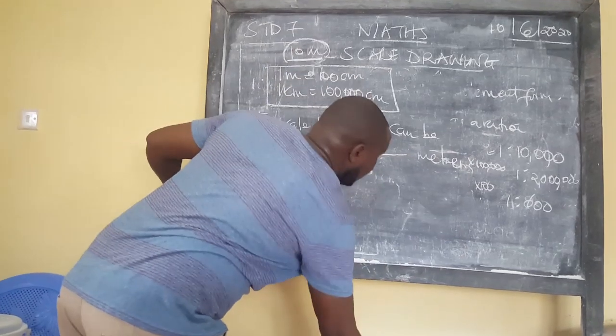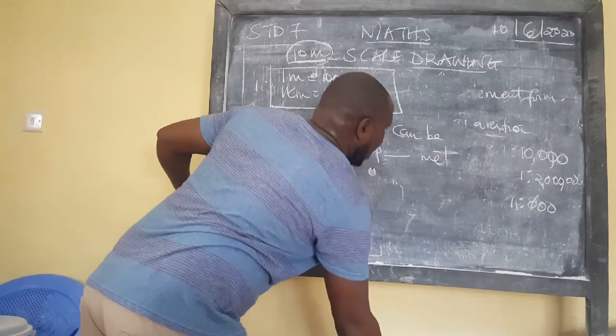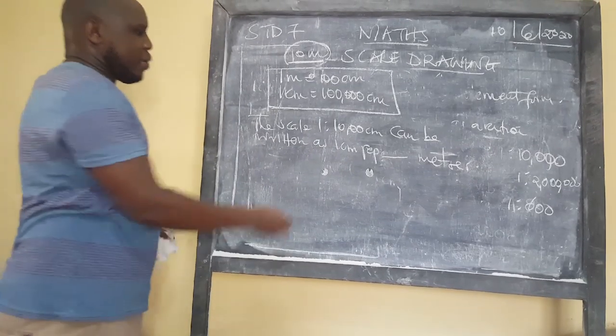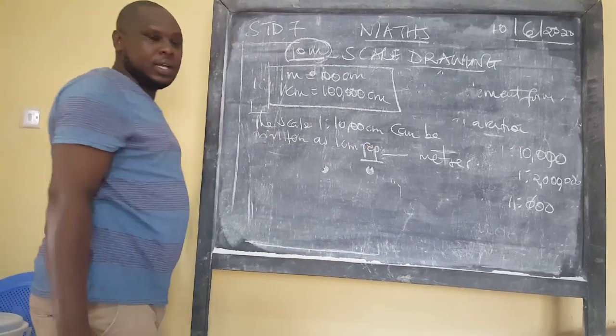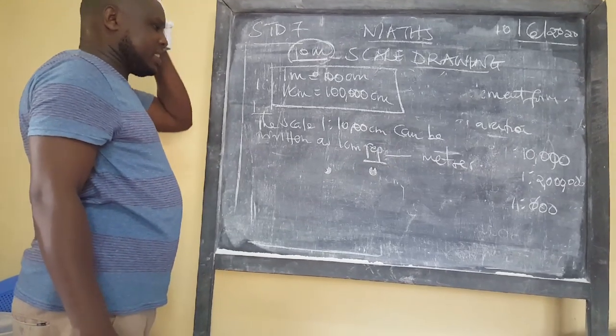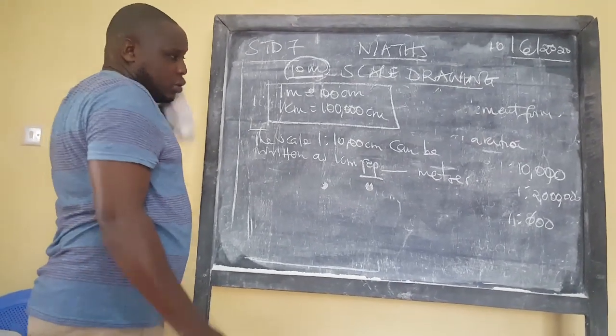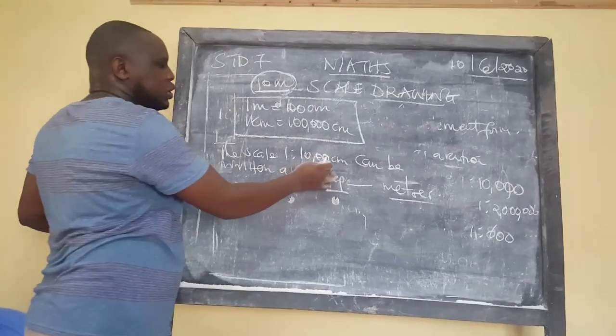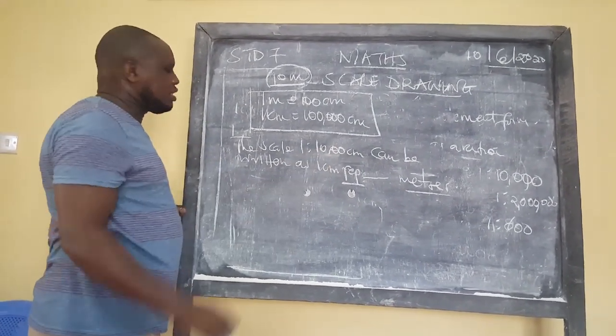Look here, Lana. I want you to see this well. Now we have gone to what we call a statement scale, where we use the word represents. Whenever you see that, that is a statement scale. So look at the units here. They are meters. So they want you to change these centimeters to meters. It's simple work.